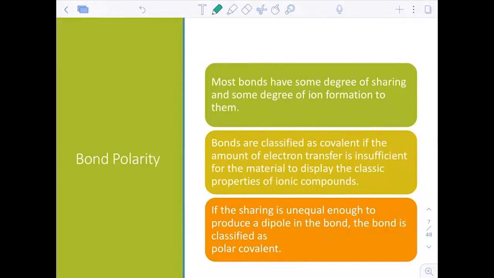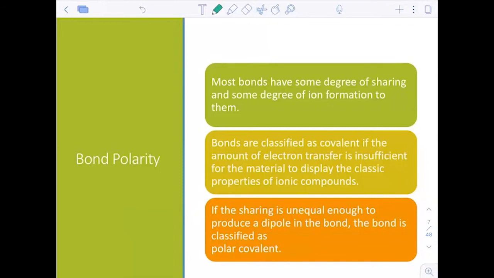Bonds are classified as covalent if the amount of electron transfer is insufficient for the materials to display the classic property of ionic compounds. So just because we label something ionic, and we say that typically that's a metal and a non-metal, that doesn't necessarily mean that there is a full transfer of electrons. There's not enough energy to transfer the electrons fully, but there might be some degree of transfer.